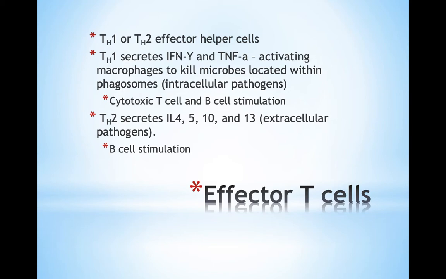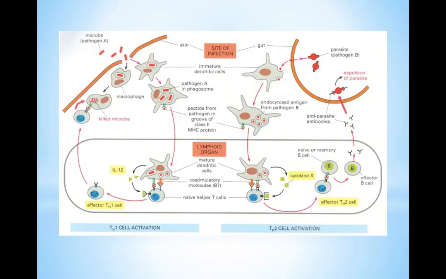So in cases where the pathogen can really survive on its own without going inside a macrophage, our Th2 effector helper T cell will be the one responsible. So here, let's take a look.